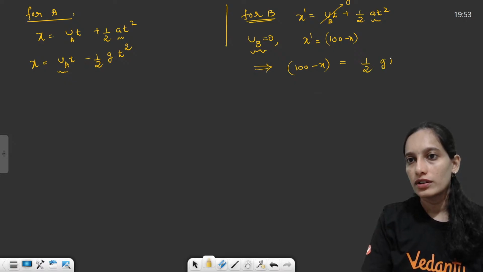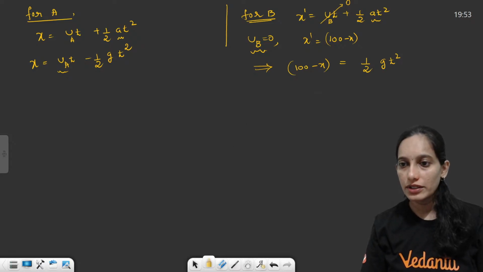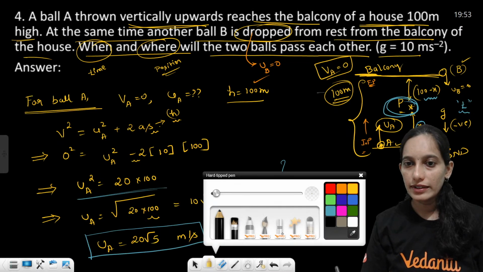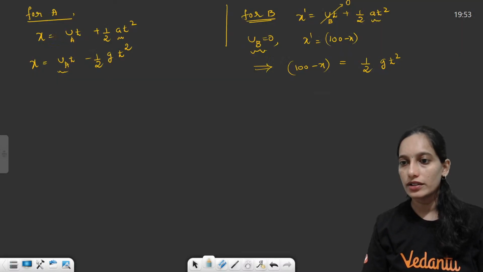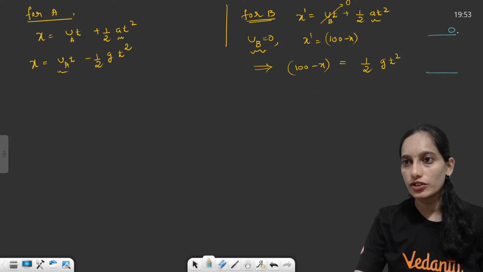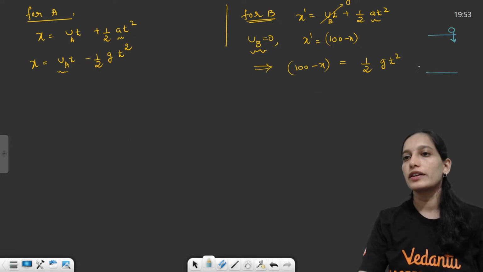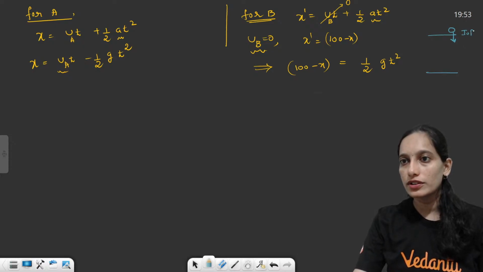Half g into t squared. Again, one point I'll just repeat here. For ball b, which is just dropped, its initial position is this, final position is this, correct?